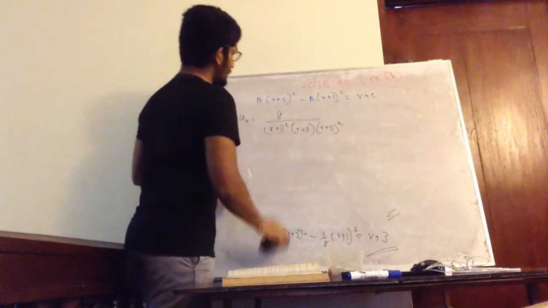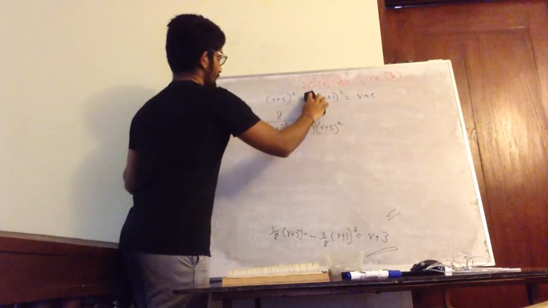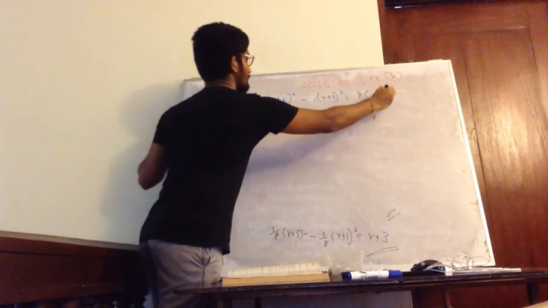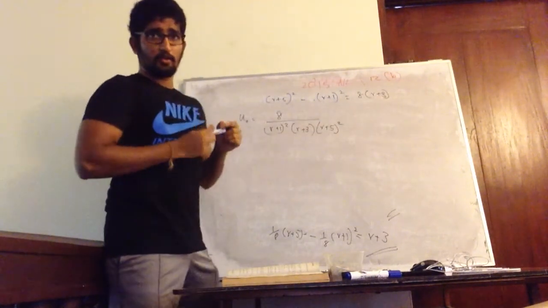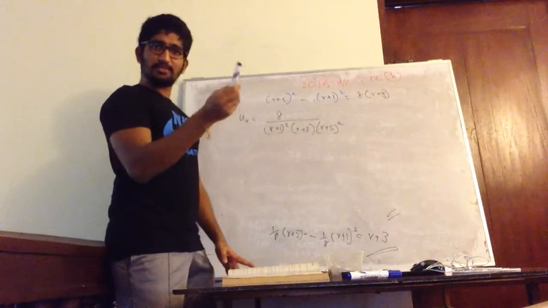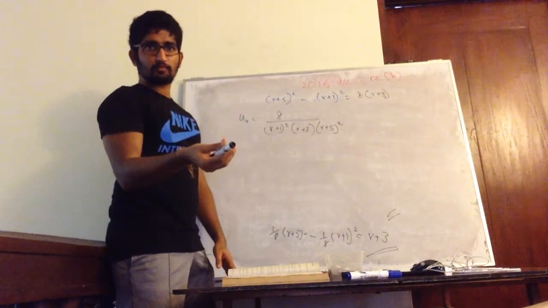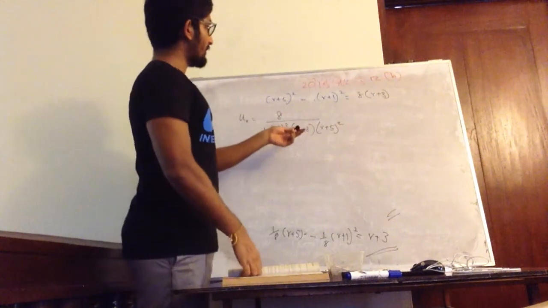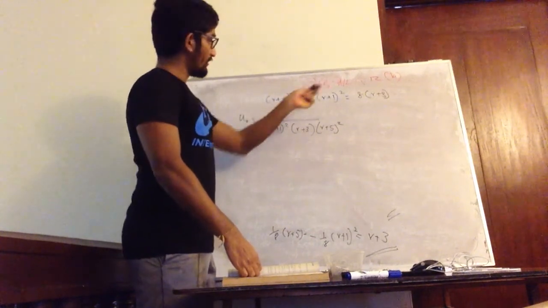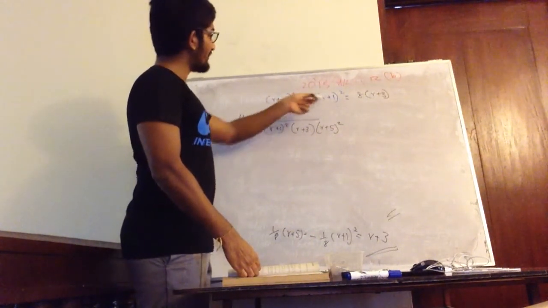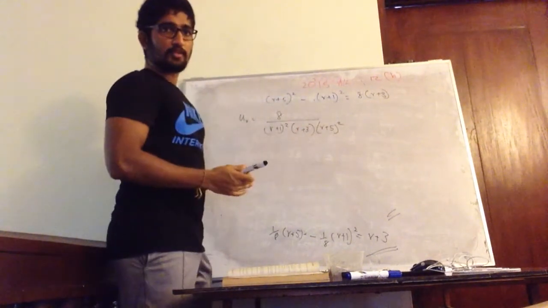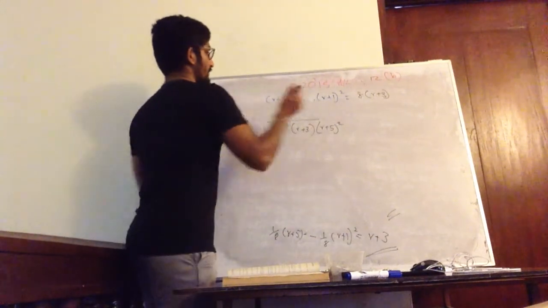So then I will get 8 times (r + 3). They are saying hence, so there should be some sort of relationship. If I multiply both sides by (r + 3), I will get this too. There's (r + 1)² here and (r + 5)² here, because of that reason I'm going to multiply.